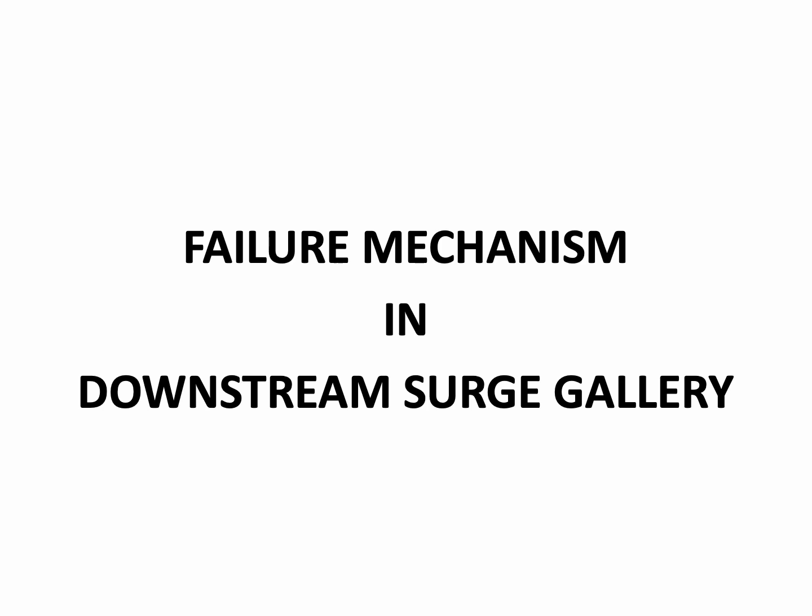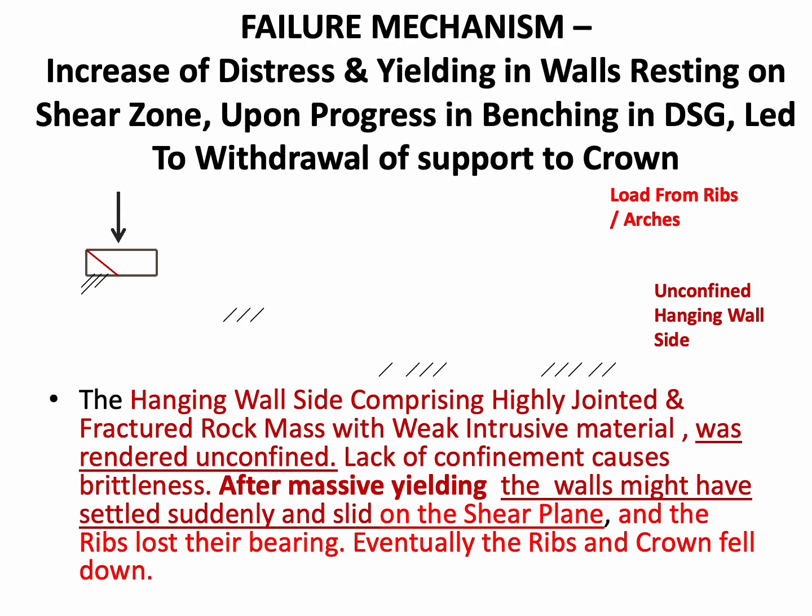So, failure mechanism in Downstream Surge Gallery. Increase of distress and yielding in the walls resting on the shear zone, upon progress in benching in Downstream Surge Gallery, led to withdrawal of support to the crown.